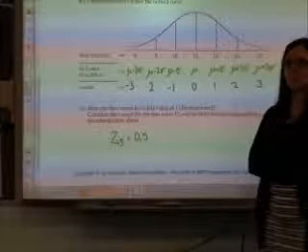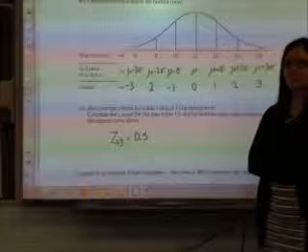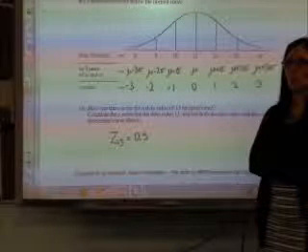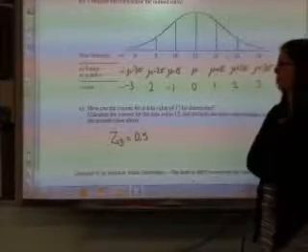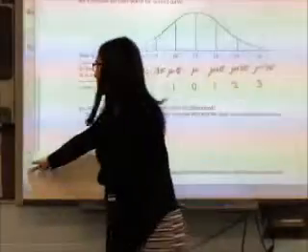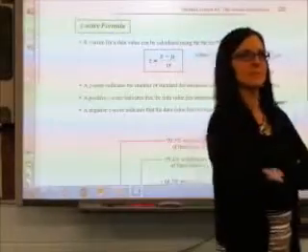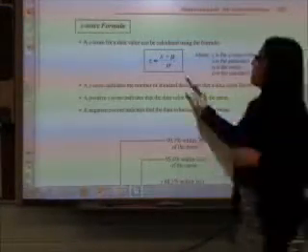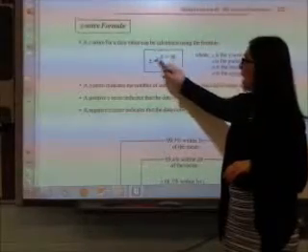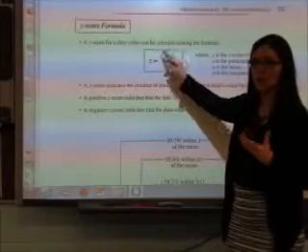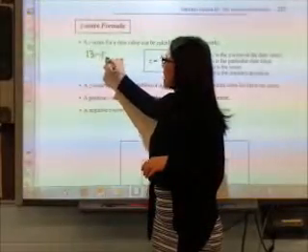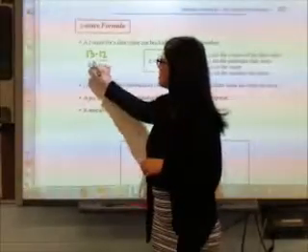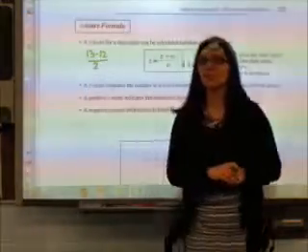What if I wanted a z-score for 11.3 hours? Starts to become a little bit more complex. Okay? That's why we have a formula. To calculate the z-score, we take the data value, so in our 13 example, 13 minus the average of 12 divided by the standard deviation of 2.